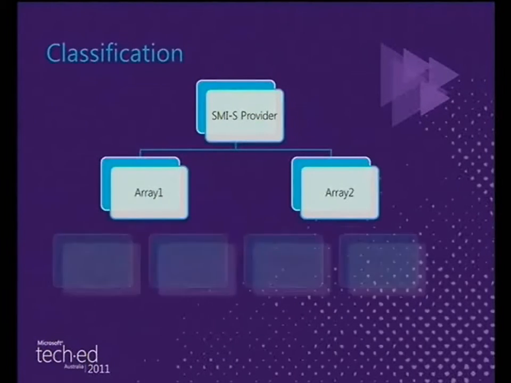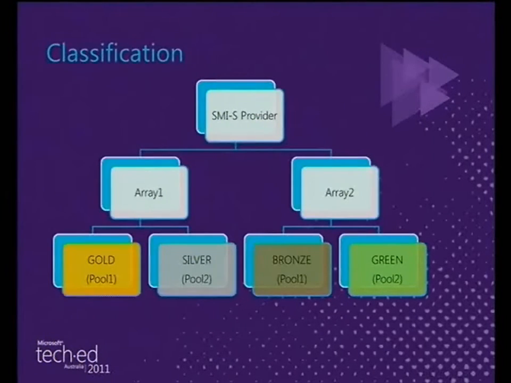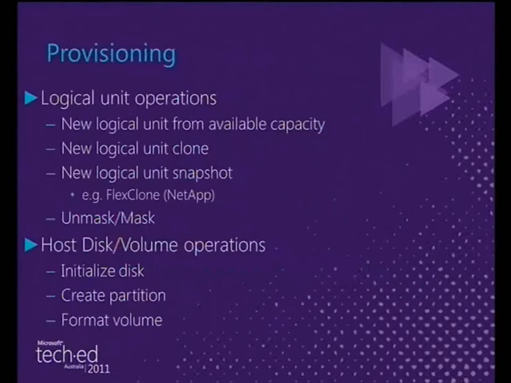And the classification, I told you already about this. We can create the name gold, silver, whatever name you guys create. Storage provision: you can create a new logical unit, you can clone, you can do snapshots. Remember, again, this is System Center asking the storage to do this.